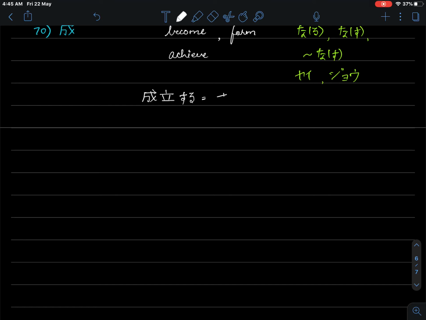This is going to be read as seiritsu suru, which means come into existence. I think I'm exhausted. Come into existence. To be formed.